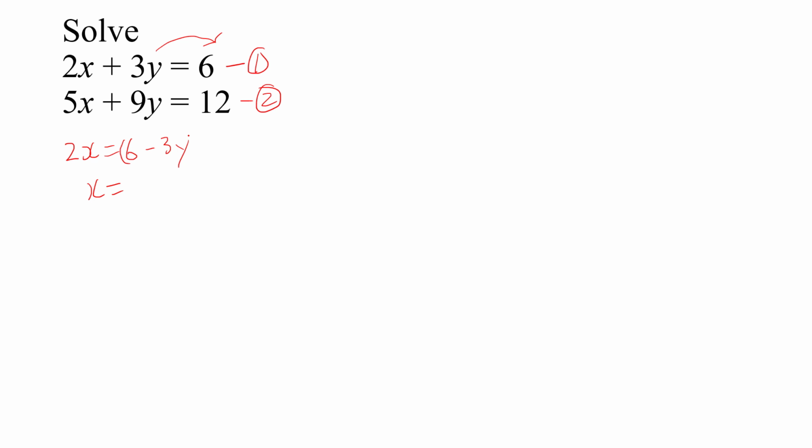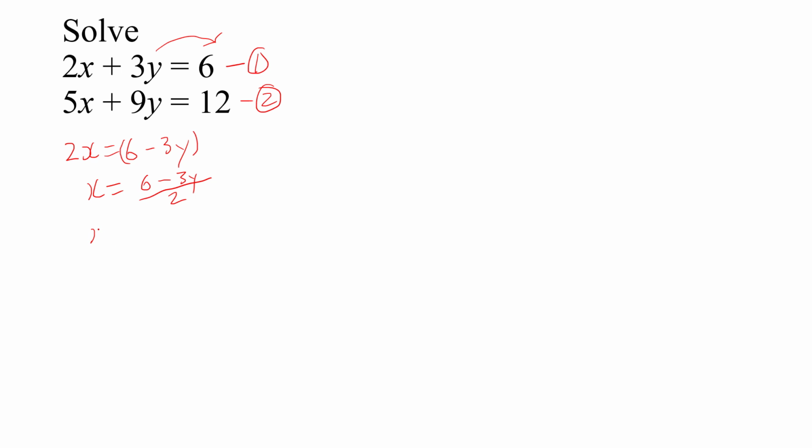There's actually a bracket, so I will have 6 minus 3y, the whole thing divided by 2. Remember, you must divide everything on the right hand side by 2 after you move the 2 over.